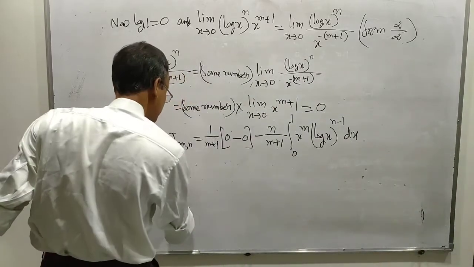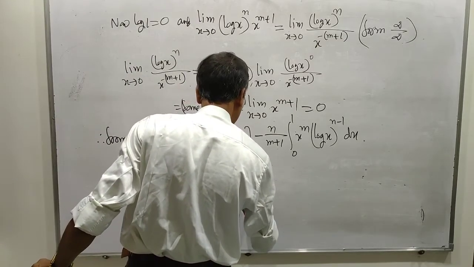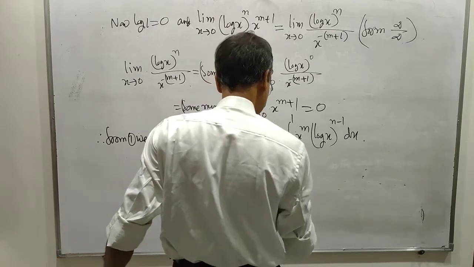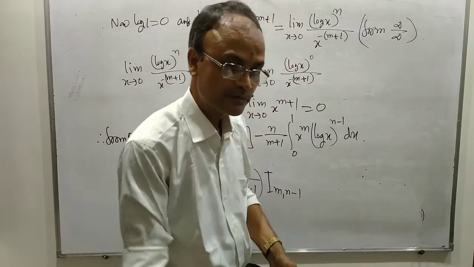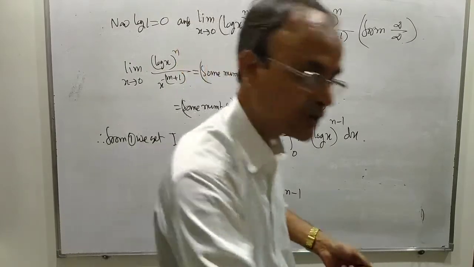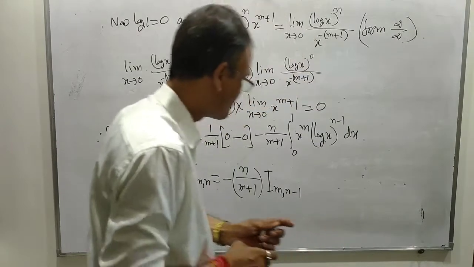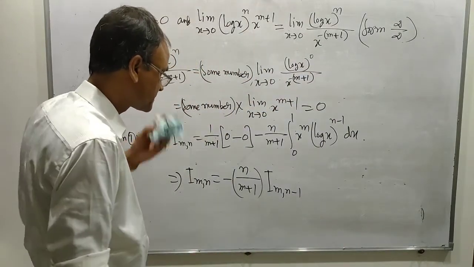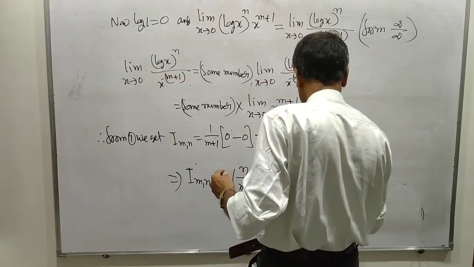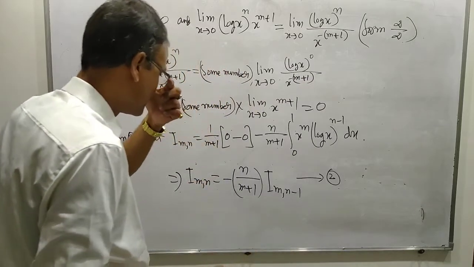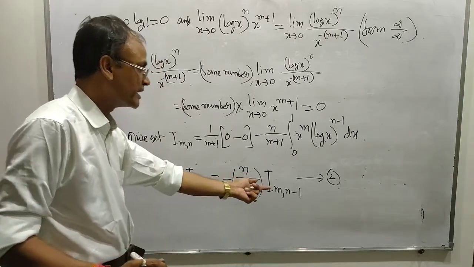This means I_mn will be equal to minus n by (m+1) I_m,n-1. Suppose this is number 2.